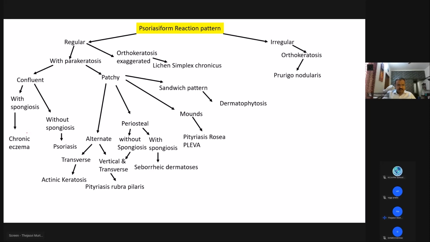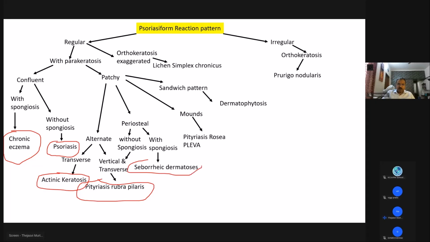What are the entities that you see with spongiosis? There is chronic eczema with confluent parakeratosis. If you're seeing confluent parakeratosis without spongiosis, it is psoriasis. If you're seeing patchy parakeratosis and alternate transverse, it is actinic keratosis. If you're seeing vertical and transverse periosteal as well, then it is pityriasis rubra pilaris. With spongiosis, it is seborrheic dermatitis.